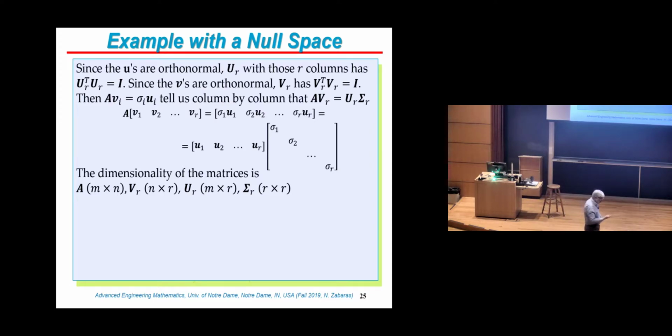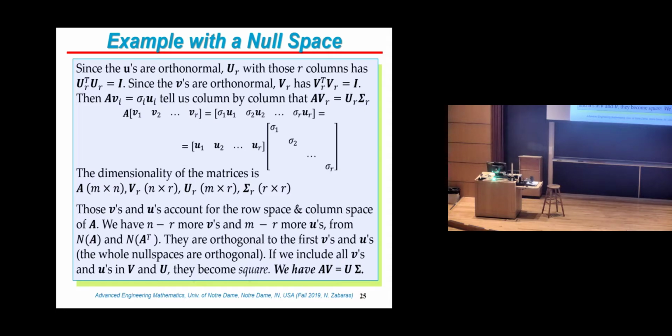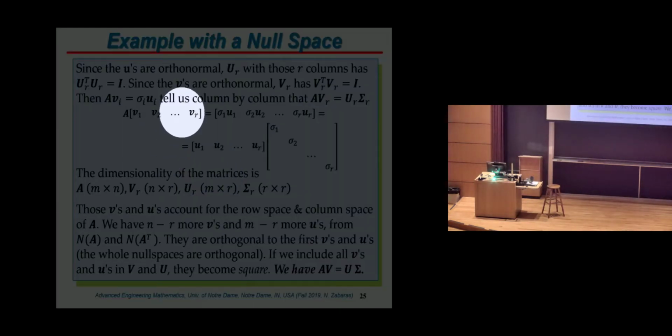All right? So we will need to plug in there the basis for the null spaces to actually get rectangular U's and V's. If you actually do this, and I think the equation is on the next slide, if you plug in next to those V's the basis for the null space, and next to those U's the basis for the left null space, you can make both the V and the U matrices rectangular.